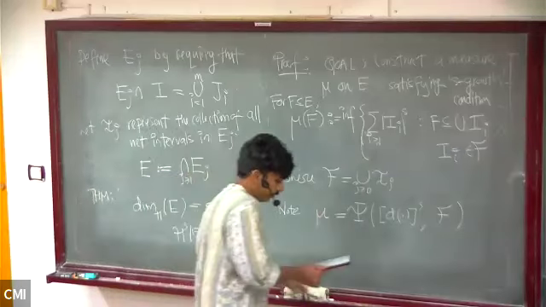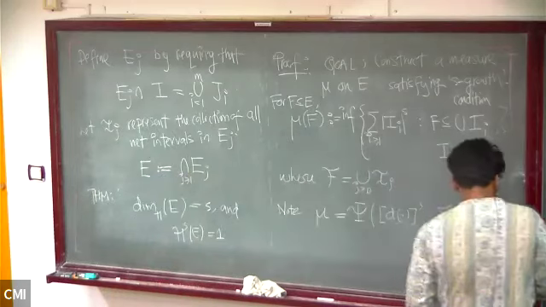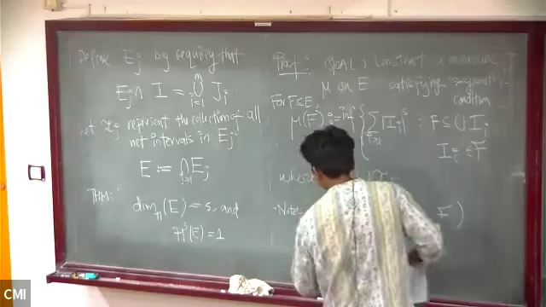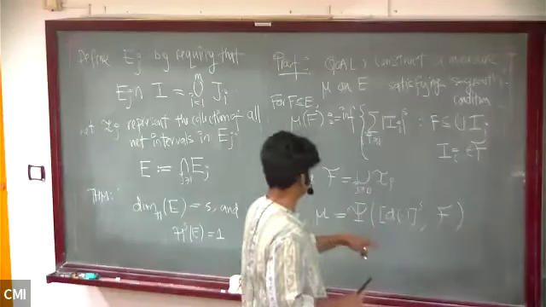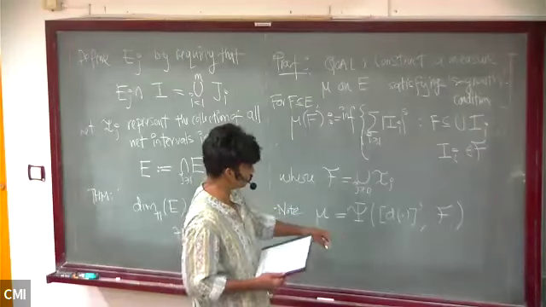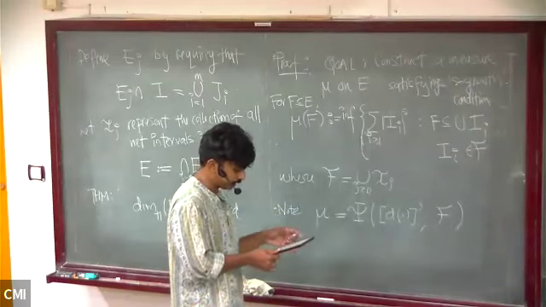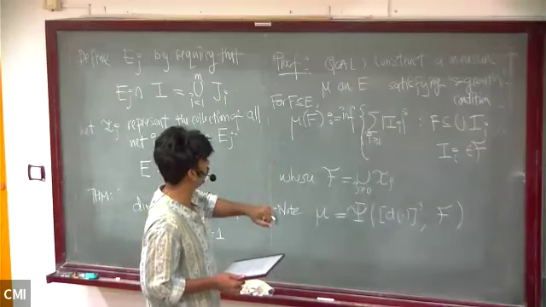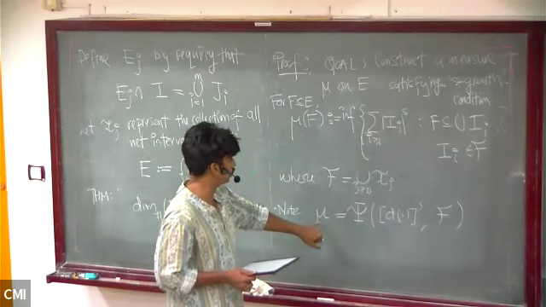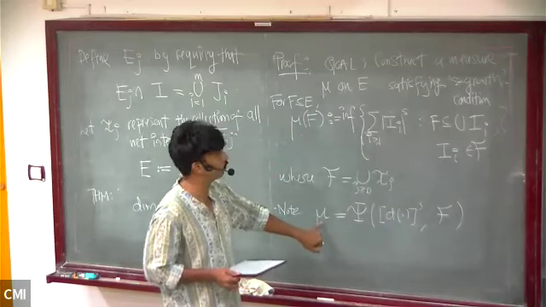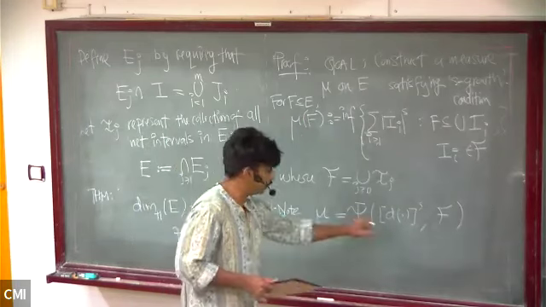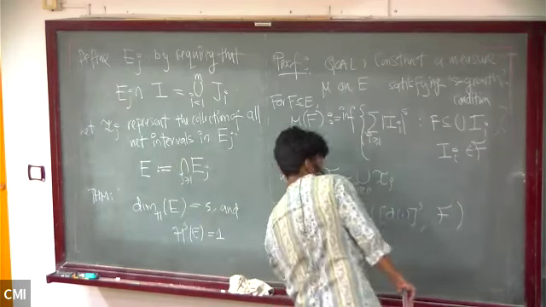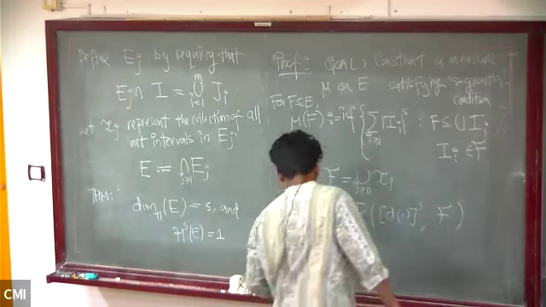Once you verify this property, we immediately see that the S-dimensional Hausdorff measure of the set E is bounded above by mu of E. I'll just write it down here.